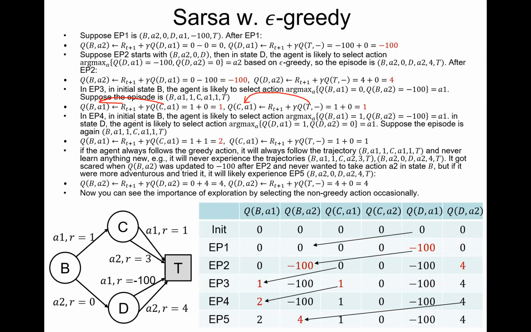Now, in the 4th episode, you start from B. You compare these 2 Q values, and you're likely to choose action A1. Go to here.